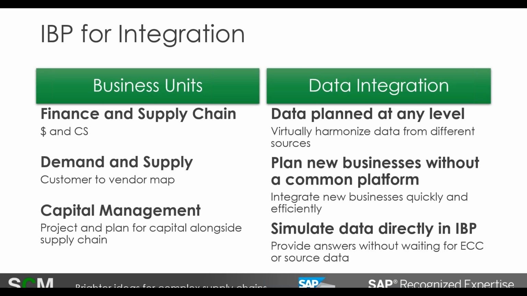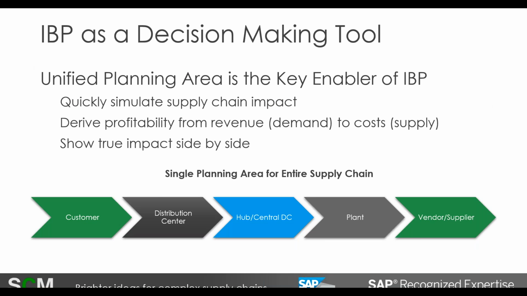And then integration is really built because of this single planning area. If you have customers and vendors, plants, and transportation all in one data model, it allows you to take profitability. And the green box on the left, customer, was not available in the supply planning optimizer of APO.